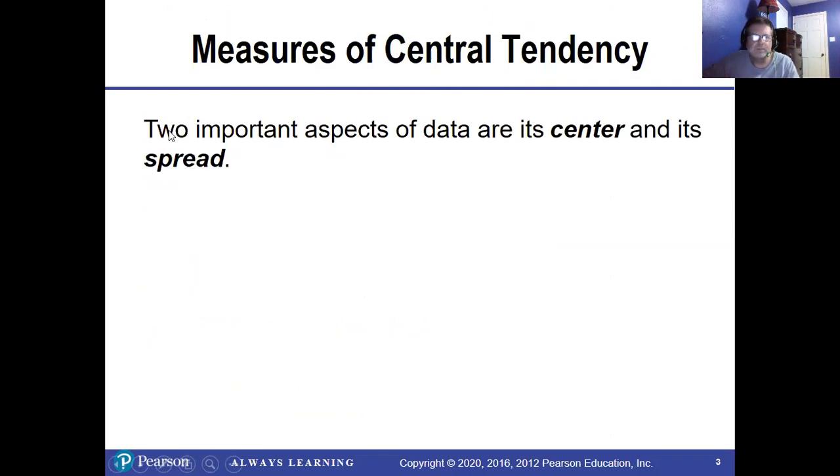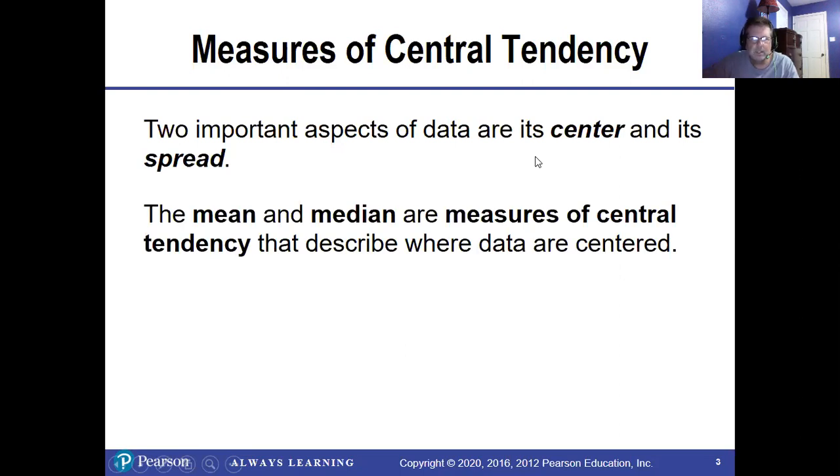All right, so it says measures of tendency. Two important aspects of data are its center and its spread. Center, meaning the middle, right? When we talk about central tendency, this is when we are dealing with the mean and median, and you'll remember the other ones too. These describe where the center is.